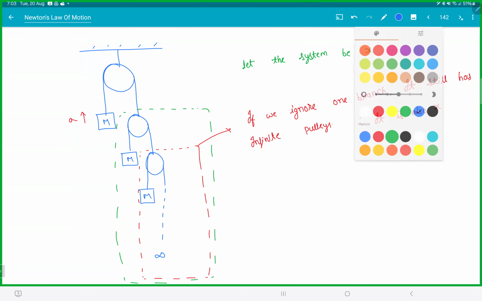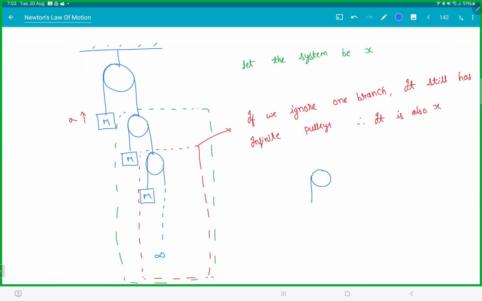That means when you took this block M and replace this whole thing with X, this whole thing must also be equal to X, isn't it? Is that making sense?